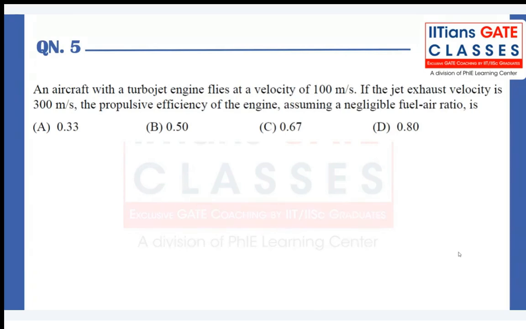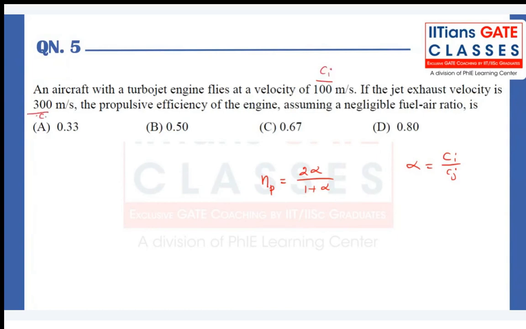So how do we define the propulsive efficiency for a jet engine? It is 2 alpha divided by 1 plus alpha, right? What is alpha? Alpha is the ratio of forward speed to jet velocity. In this scenario, the forward speed is given as 100 meter per second, and the jet velocity is given as 300 meter per second.